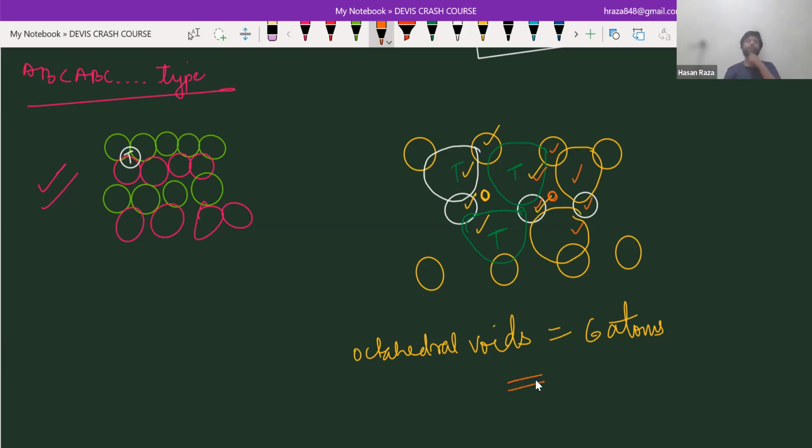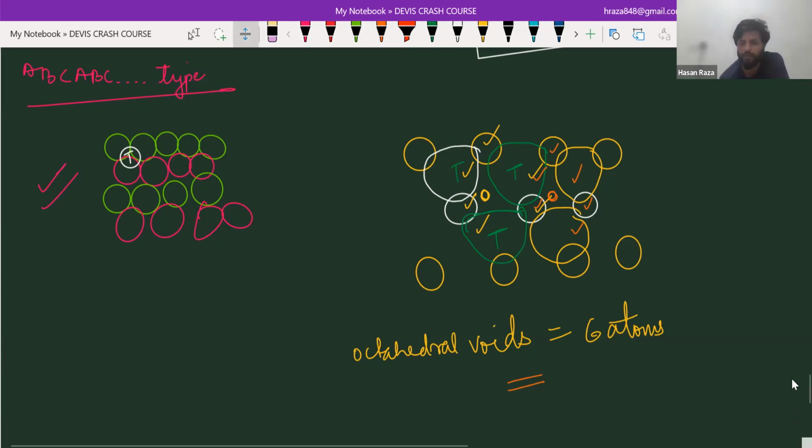Now we will be talking about how many tetrahedral voids are present in a cube and how many octahedral voids are present in a cube, and we will take the ratio of both. Very good. Now see tetrahedral voids.